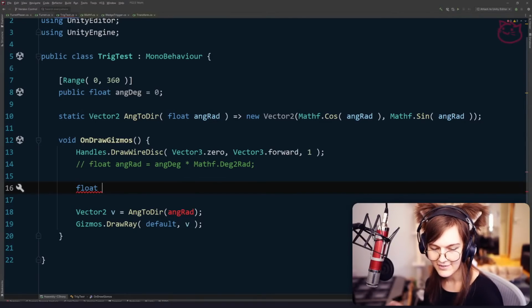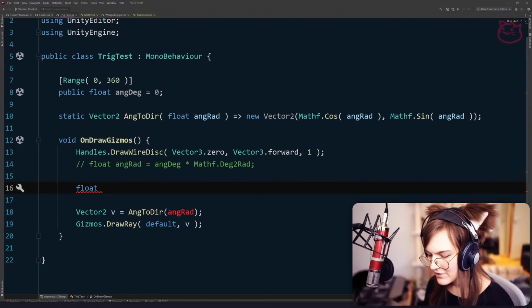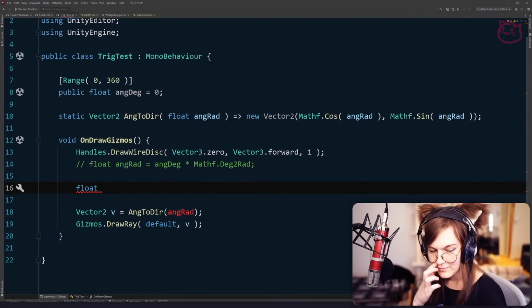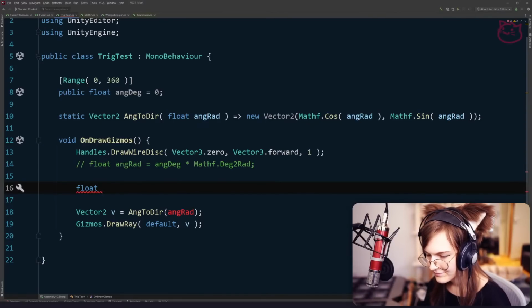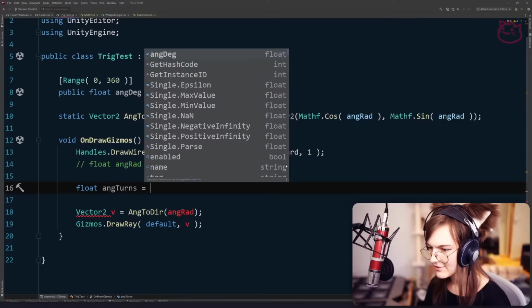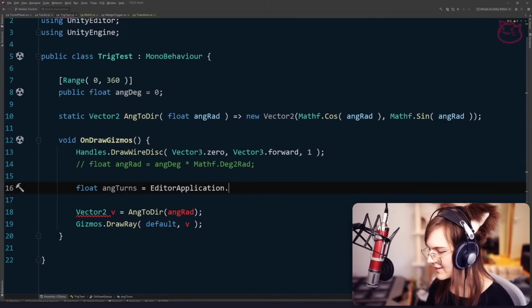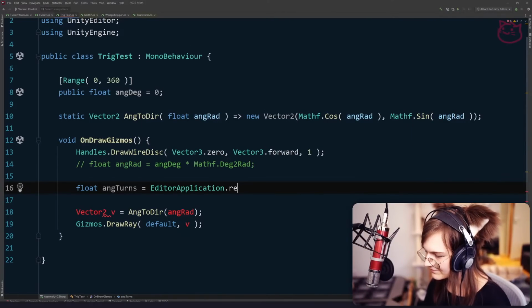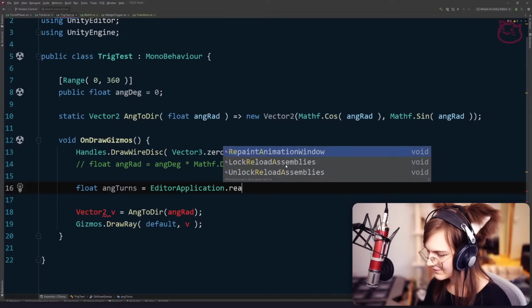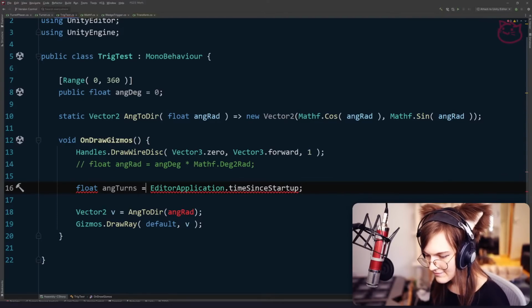Yes, we're going to get to that right after this. So if you want to make this spin one turn per second, then we could just set the angle in turns directly to your time value. So like, I guess editor application dot real time since startup. There we go.